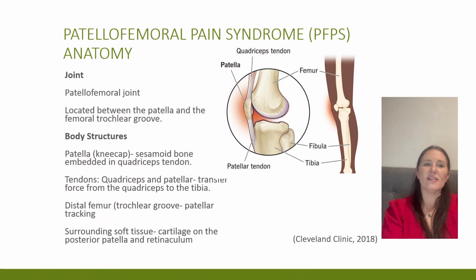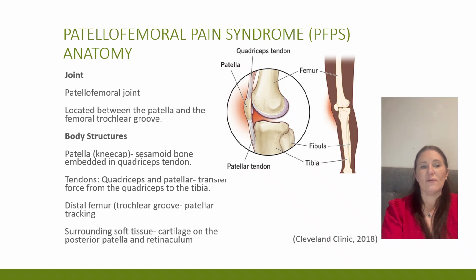A common injury in cycling is patellofemoral pain syndrome, or PFPS. The anatomy involved in this syndrome is the patellofemoral joint, which is located between the patella and the femoral trochlear groove. The body structures involved in this joint are the patella, or kneecap as more commonly known, which is a sesamoid bone embedded in the quadriceps tendon.